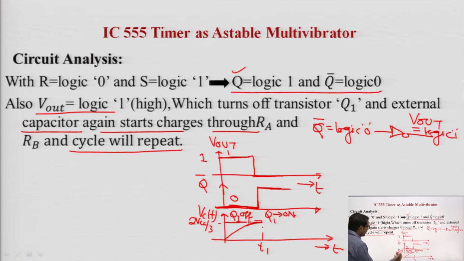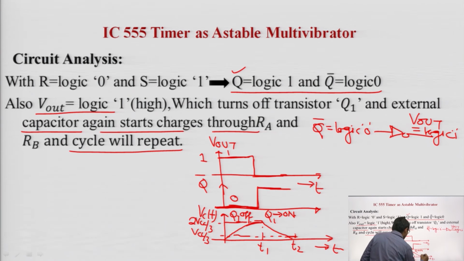When Q1 goes to the on state, the capacitor starts to discharge, down to VCC by 3. At this point T2, the output again goes to high, q bar becomes 0, and the capacitor starts charging.